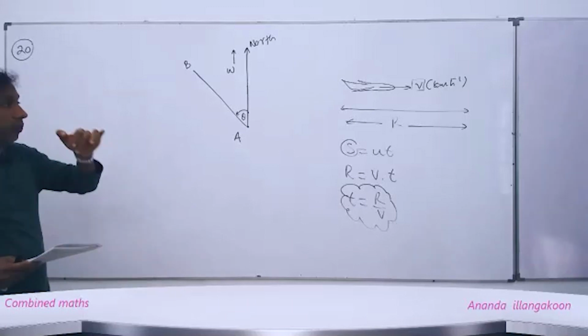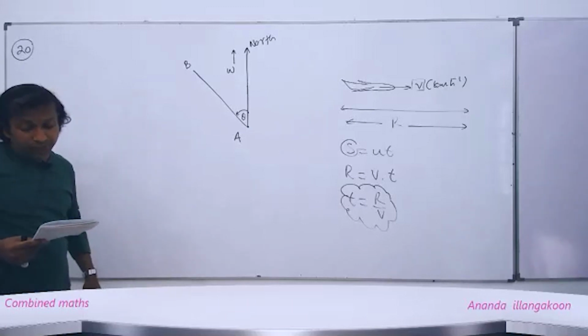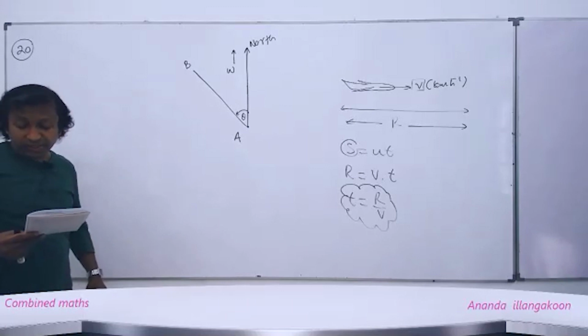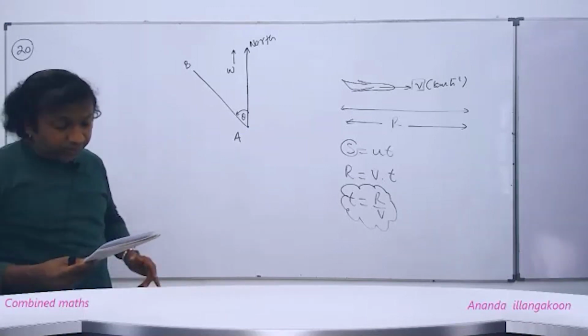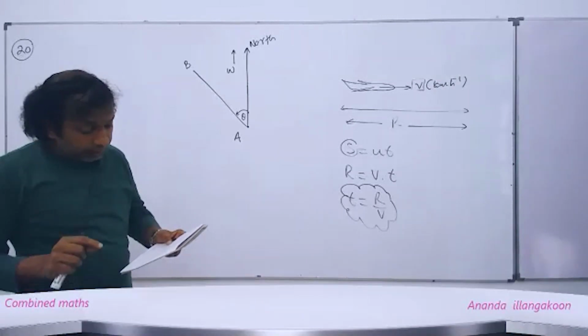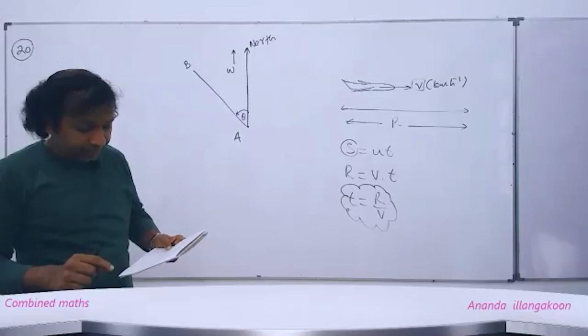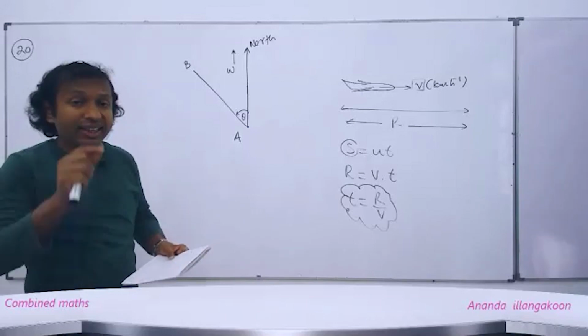Okay. People, now here we have to make another assumption. There is a sentence like this: the airliner travels non-stop from a city A to another city B, which is situated at an angle theta west from north of A, and just comes back.